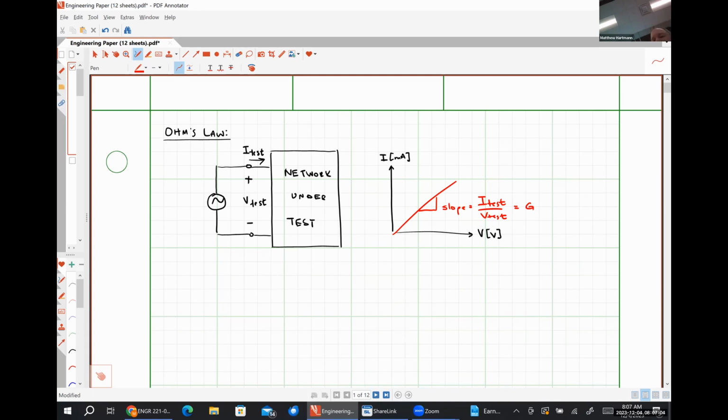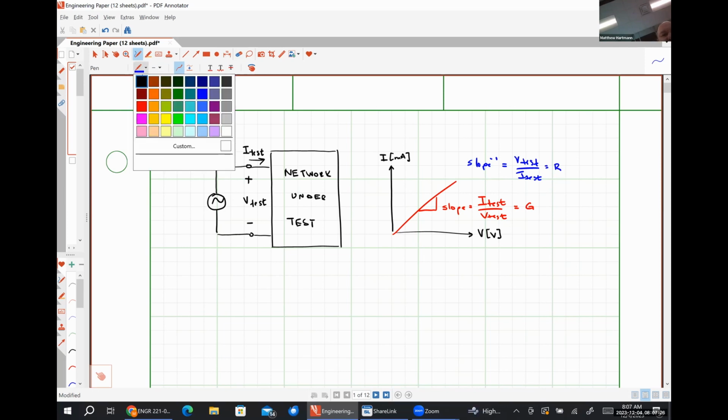And then the inverse of that slope. So if we were to swap the graph, slope to the -1 power is V test over I test, and we call that resistance, right?